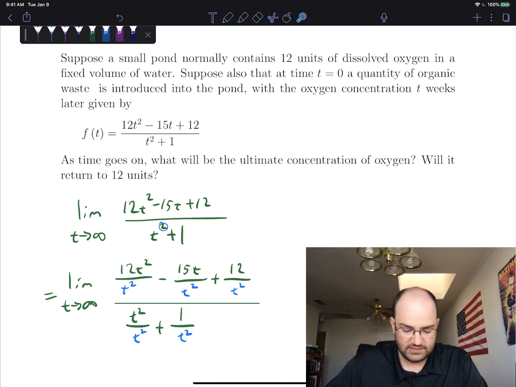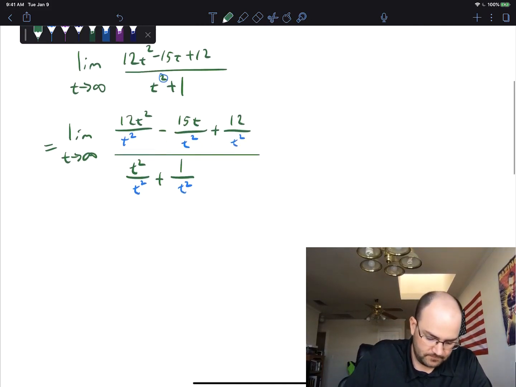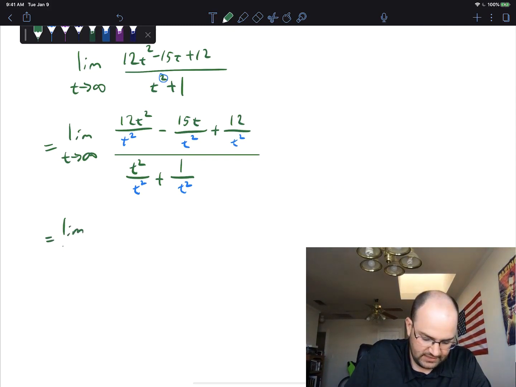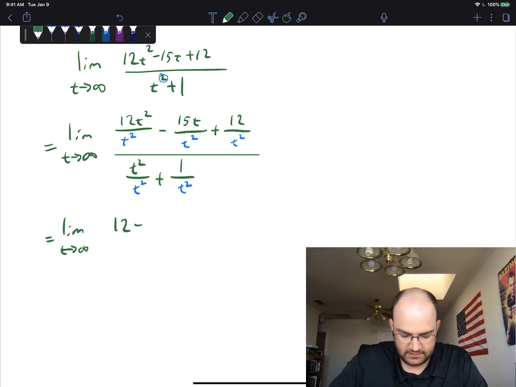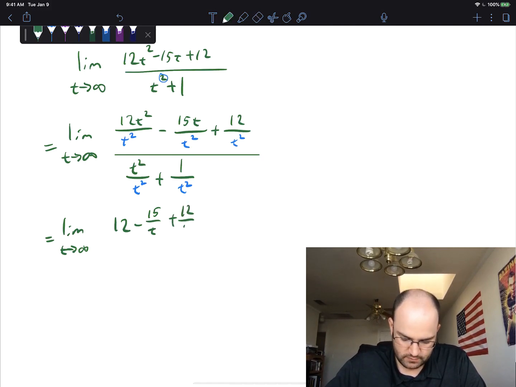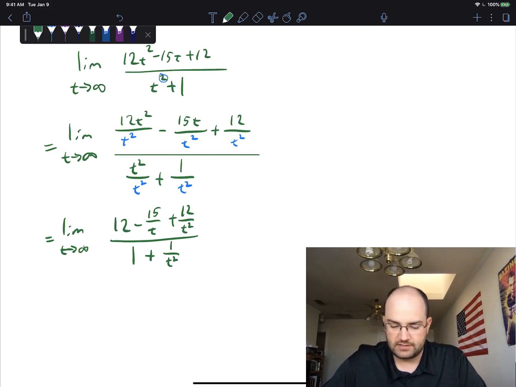Now let's see what happens when we simplify that. This gives us the limit as t goes to infinity of 12 minus 15 over t plus 12 over t squared, all over 1 plus 1 over t squared. Now here's the thing.